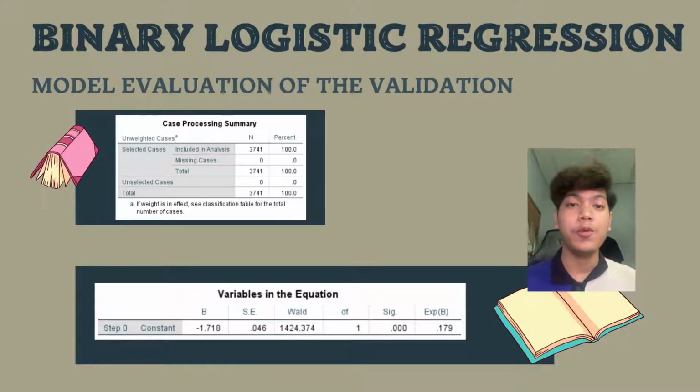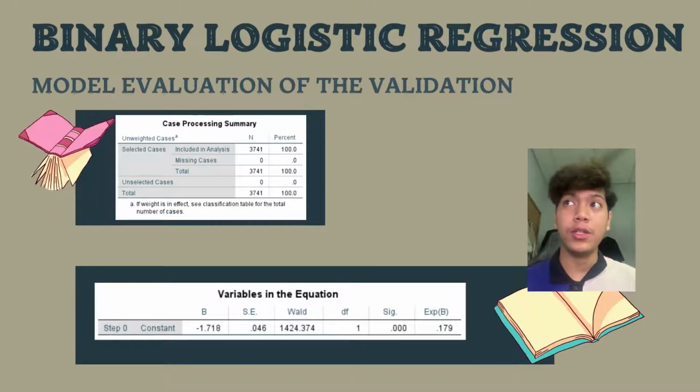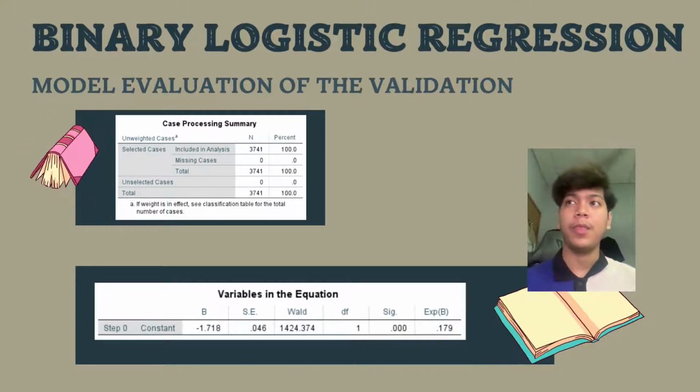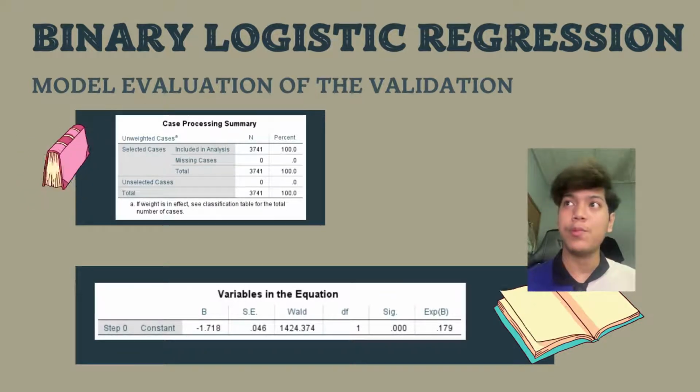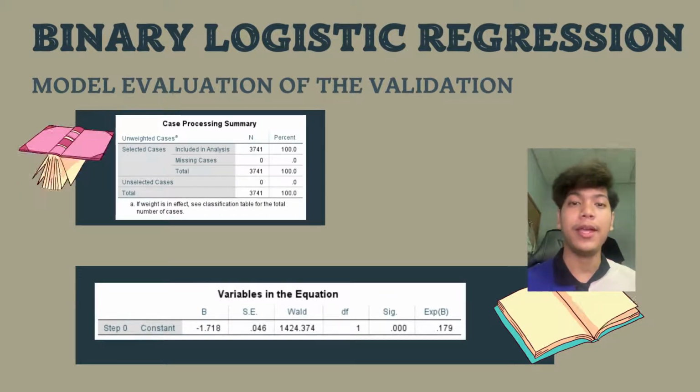Okay, next we move to the binary logistic regression. For model evaluation and validation, the first table was the case processing summary, and we detect that there are 3741 cases in this study.